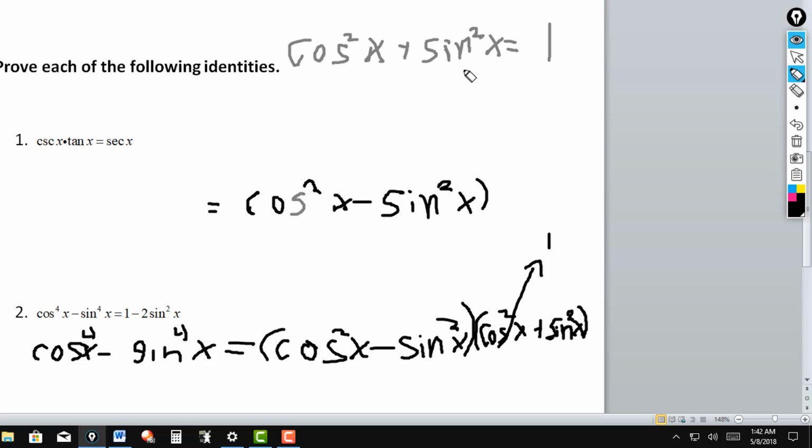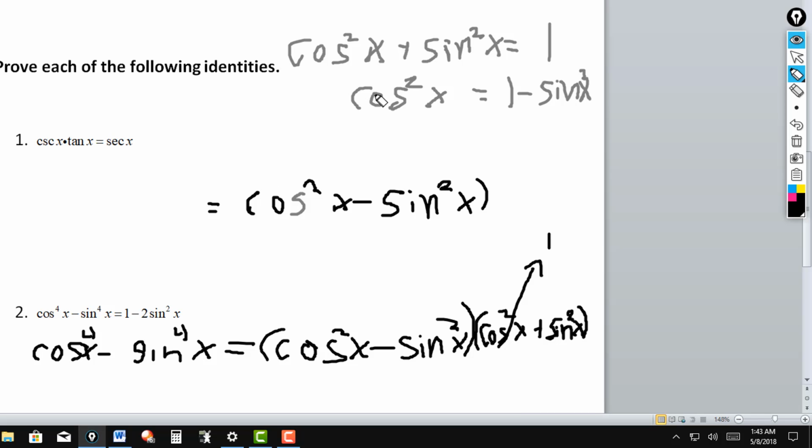So if I solve this for cosine squared, this would tell me that cosine squared x is equal to 1 minus sine squared x.